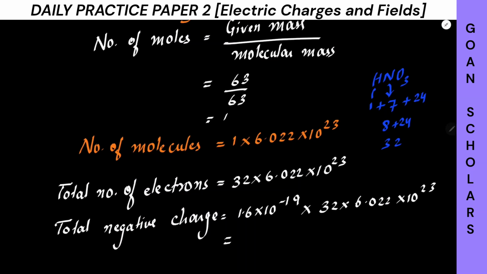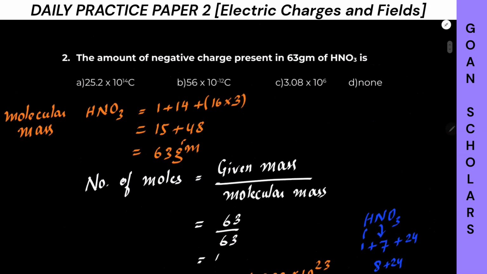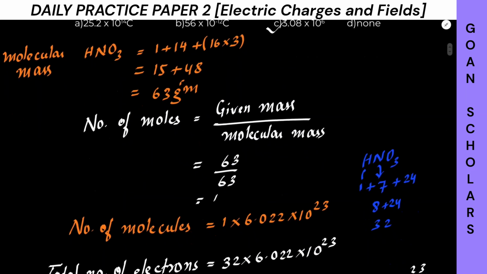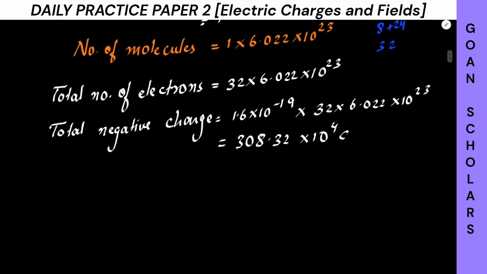Let's multiply this and check. 1.6 multiplied with 32 multiplied with 6.022 is nearly 308.32, into 10 to the power 23 minus 19, that's 4. So this is our value. And what is the charge unit? Coulombs. Let's see if there is any such output. Yes, 3.08 into 10 to the power 6. So option C is correct for this one. They have just shifted the 2 zeros inside, and they got 3.08.